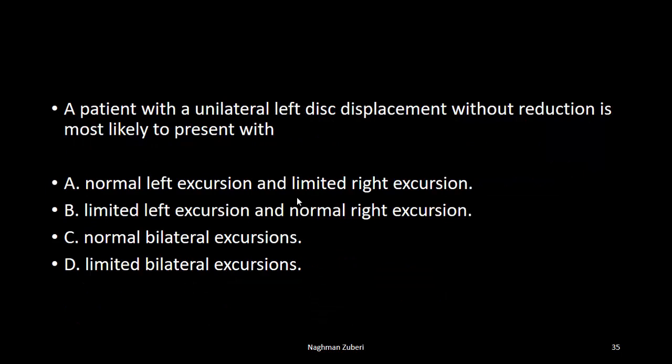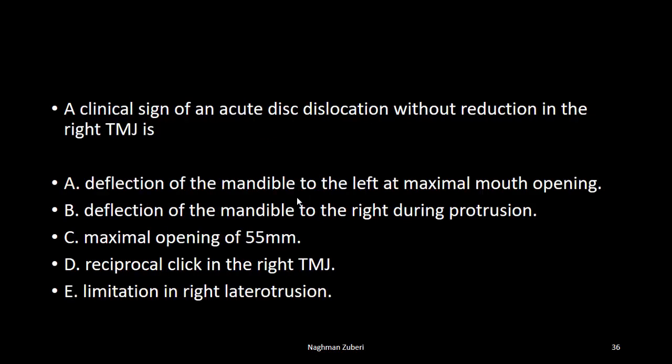A patient with a unilateral left disc displacement without reduction is most likely to present with normal left excursion and limited right excursion. A clinical sign of an acute dislocation without reduction in the right TMJ is deflection of the mandible to the right during protrusion.